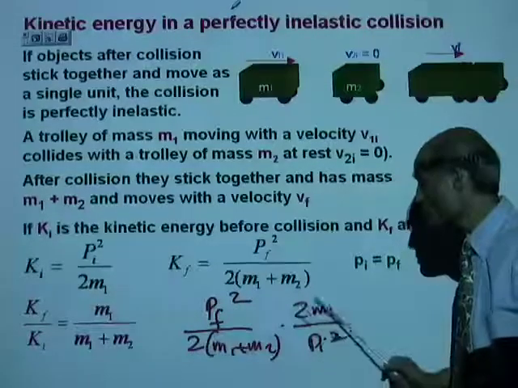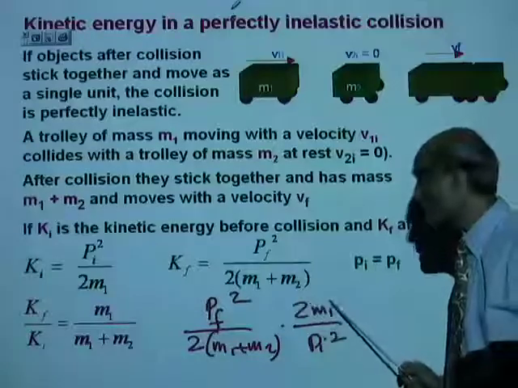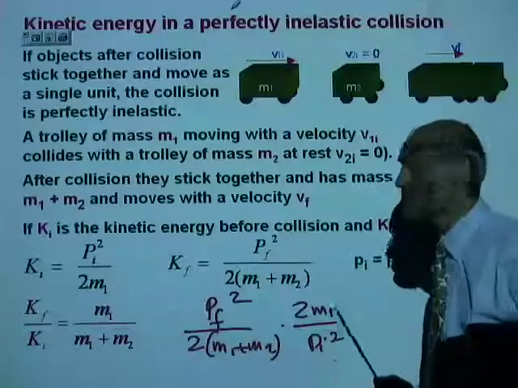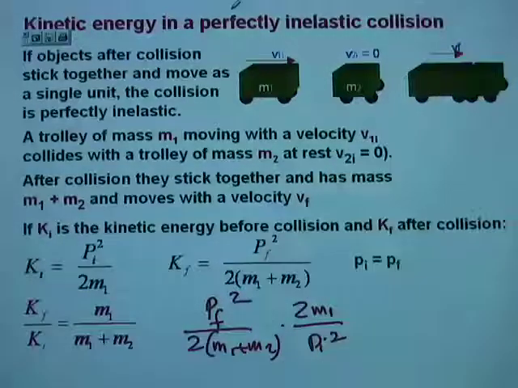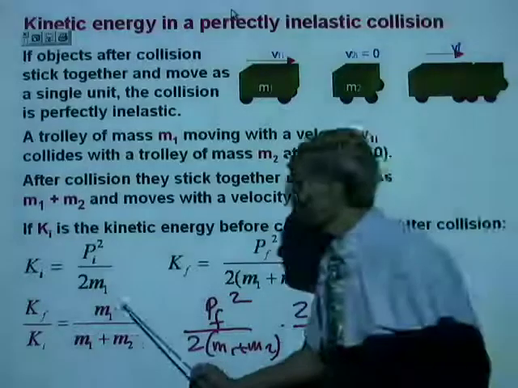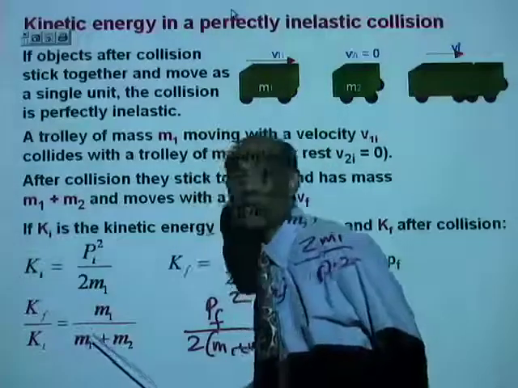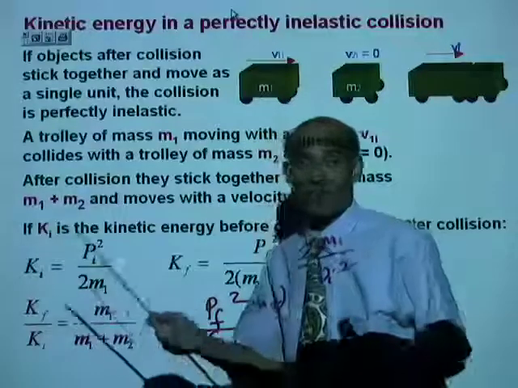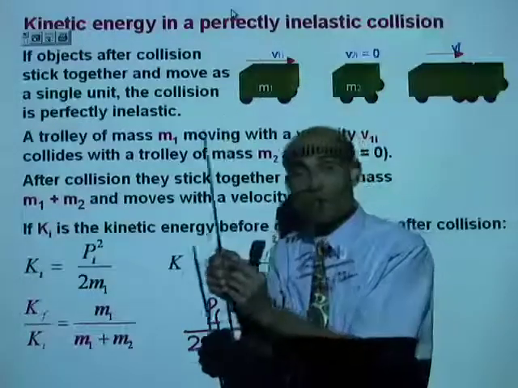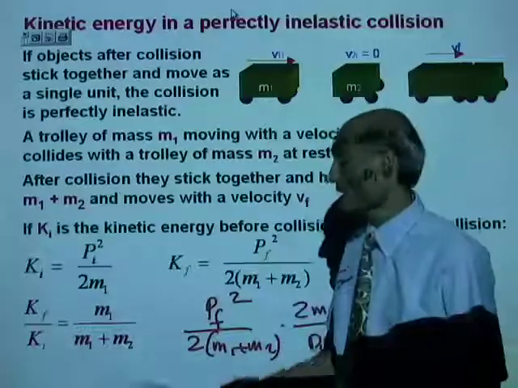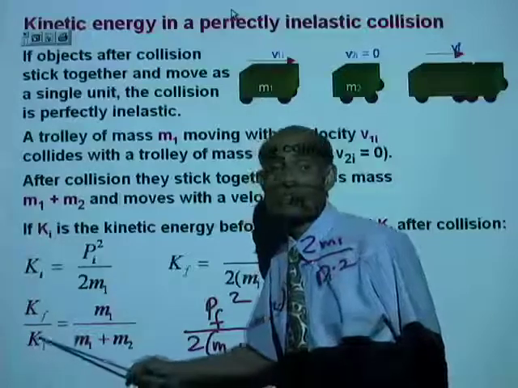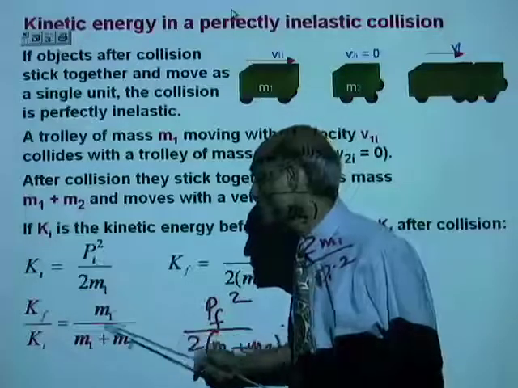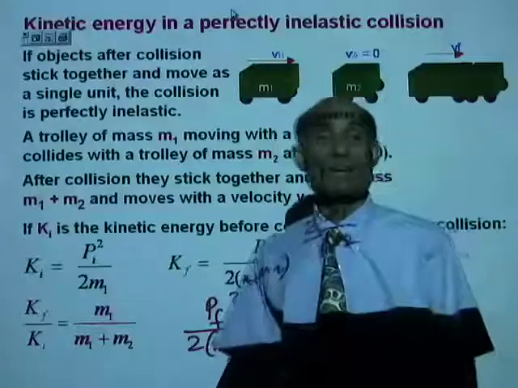The 2 and 2 will cancel, leaving us with m1 over m1 plus m2. And that gives us a very important result. When two objects of masses m1 and m2 collide and join together and move away as a single body, the ratio of the final kinetic energy to the initial kinetic energy is m1 over m1 plus m2.